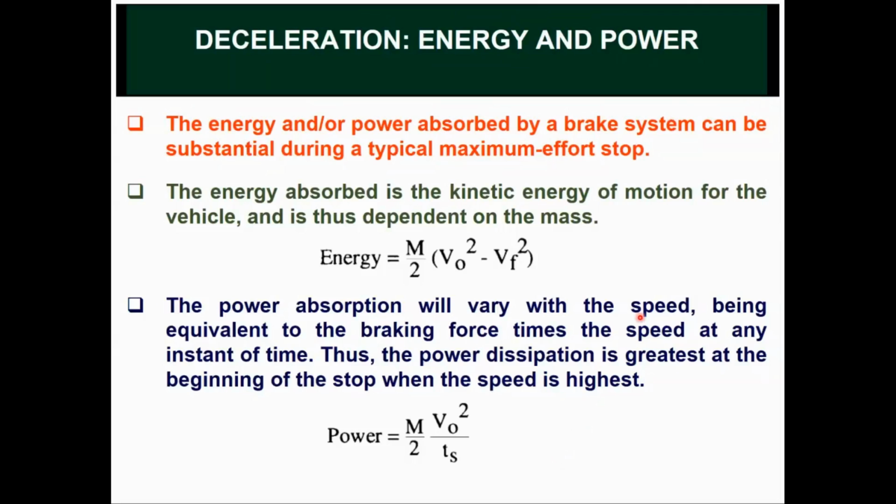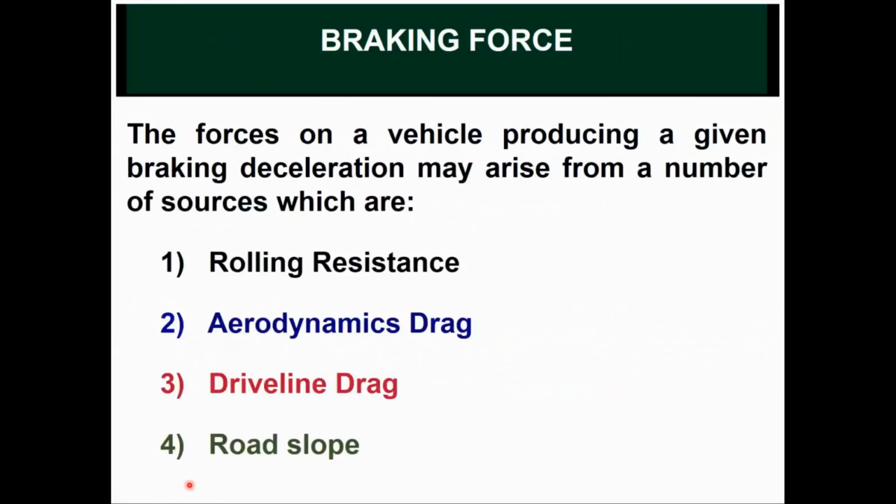Okay. So we go to the next slide. Okay, braking force. So I masuk pada braking force. The force on the vehicle that produce a brake deceleration may arise from a number of sources. For example, kita akan tengok kepada primary source dulu.